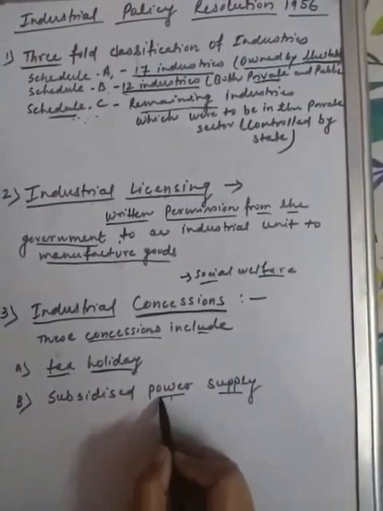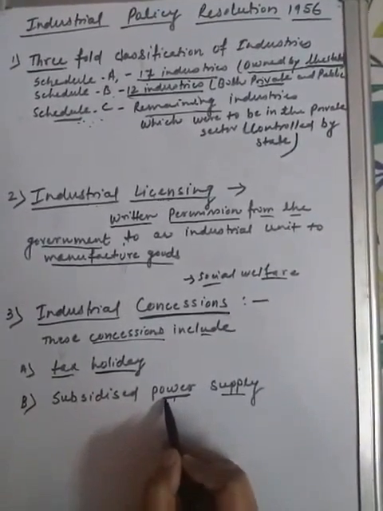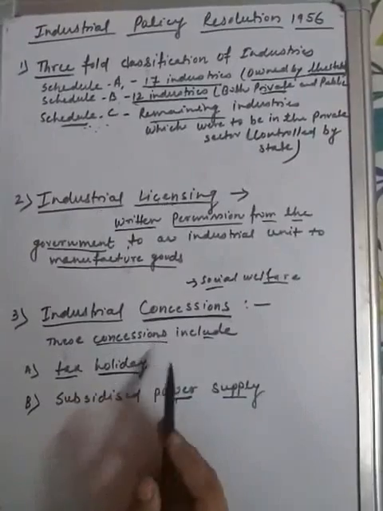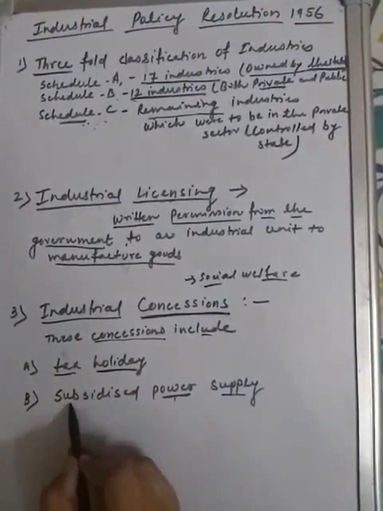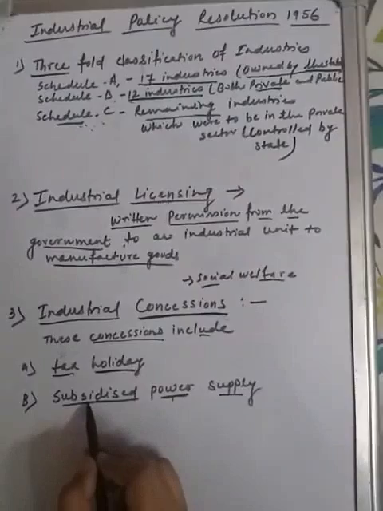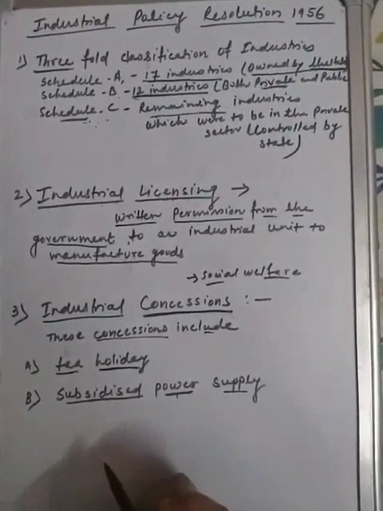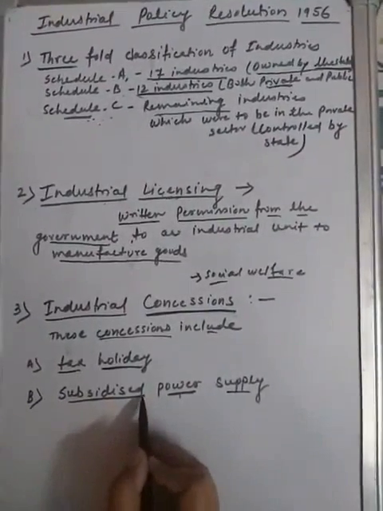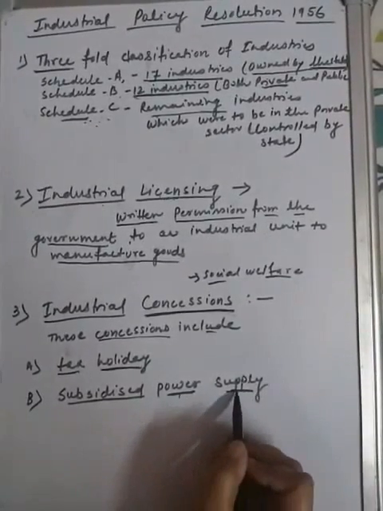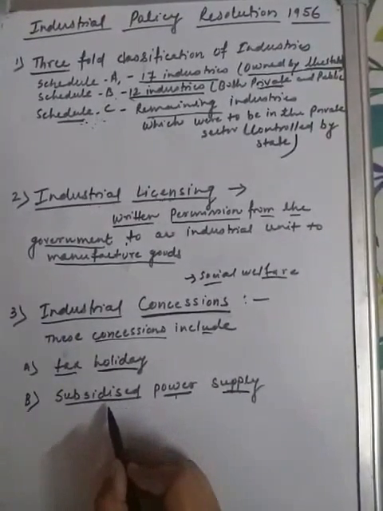It means the government will provide electrical supply to those industrialists who establish their industry in backward regions, and at a subsidized rate. And what is subsidy? I have discussed it in my earlier video. Subsidy is a kind of relaxation in the price, which is offered by the government. It means the industrialists will get electricity or energy at a lower rate as compared with the market rate.